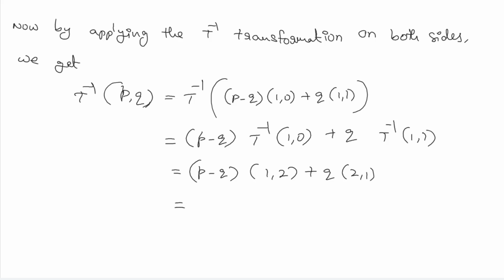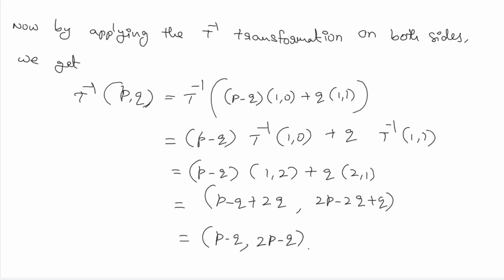So this we get as P minus Q plus 2Q comma 2P minus 2Q plus Q, that is P plus Q comma 2P minus Q.